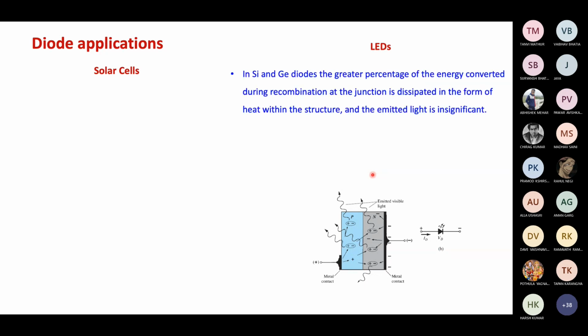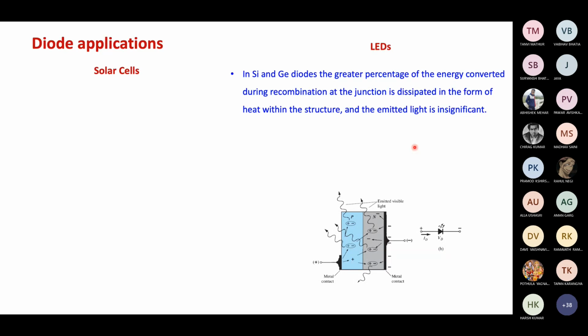Since this question has come up, I would just like to add that nowadays we see LEDs of different colors. The reason that we are able to make LEDs of different colors is that we are able to make direct bandgap semiconducting materials of different bandgaps.